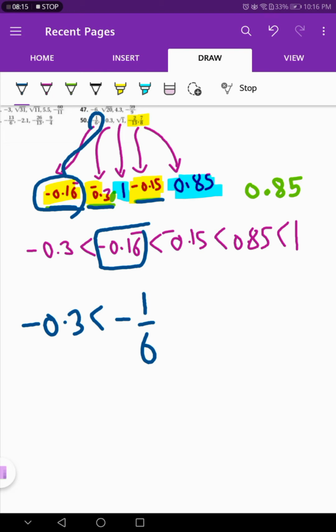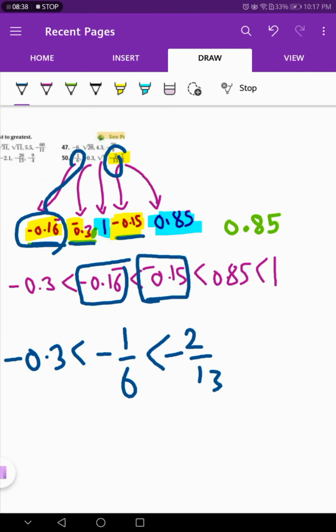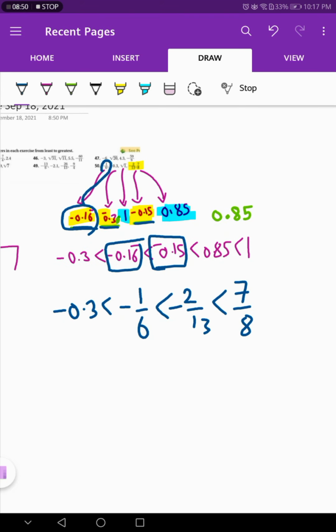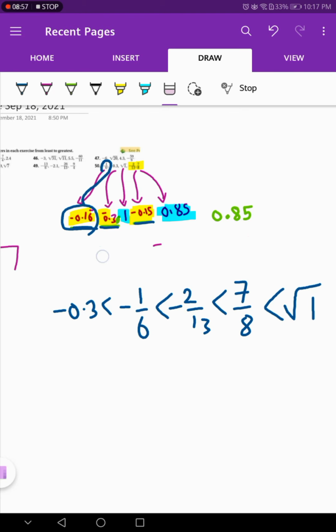It is coming from here. It is negative 2/13. Yes. And now the 0.85, it comes from 7/8. And the last one, the 1, it comes from the square root of 1. Okay, my dear student, I hope it is clear.